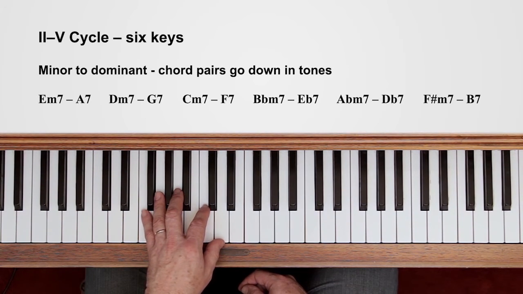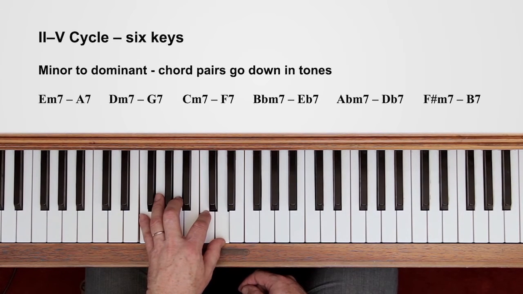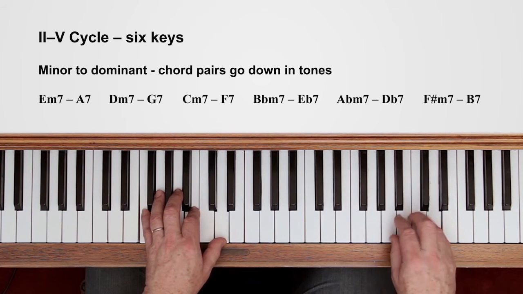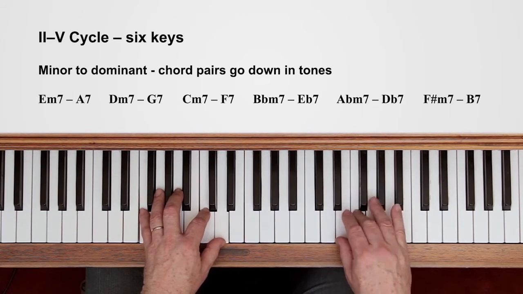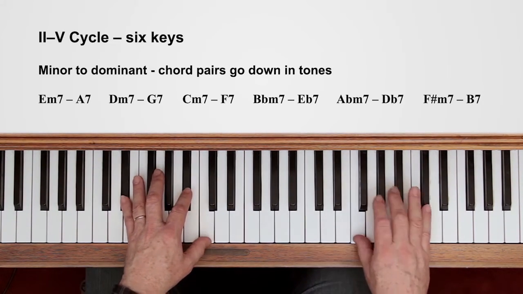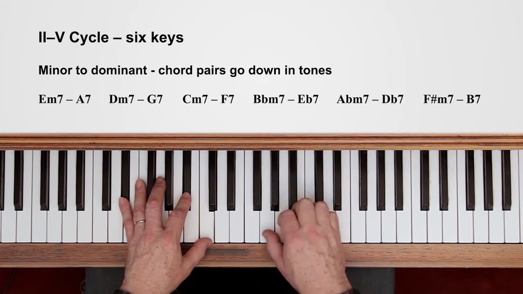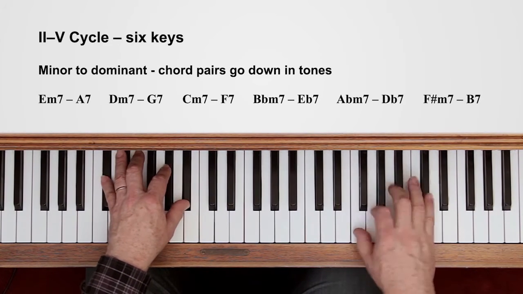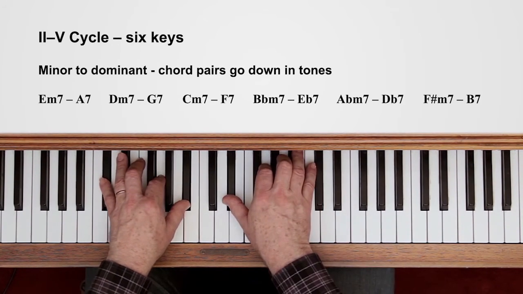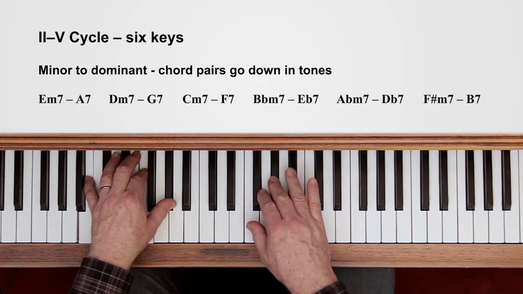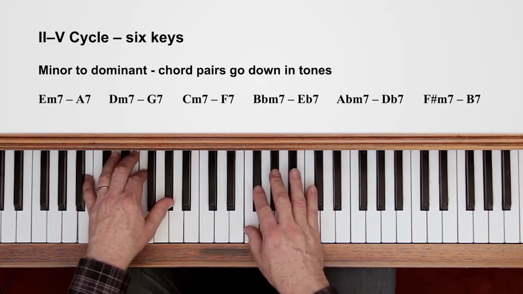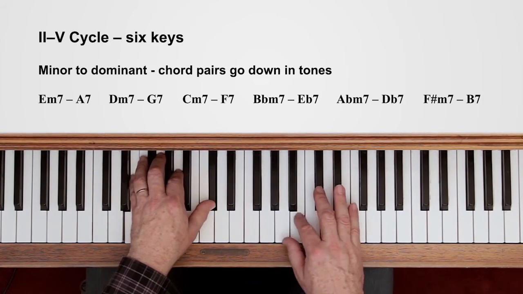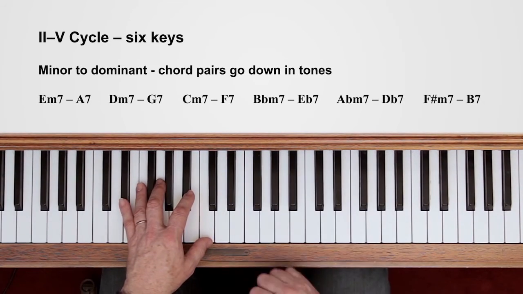2/5 cycle, for instance, would go down to the next key, down a tone, D minor to G, all white notes for the D minor Dorian, C minor, B flat minor, flat minor, F sharp minor, so great practice with the CD.